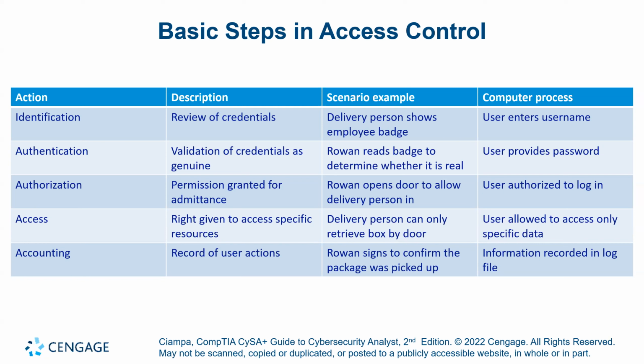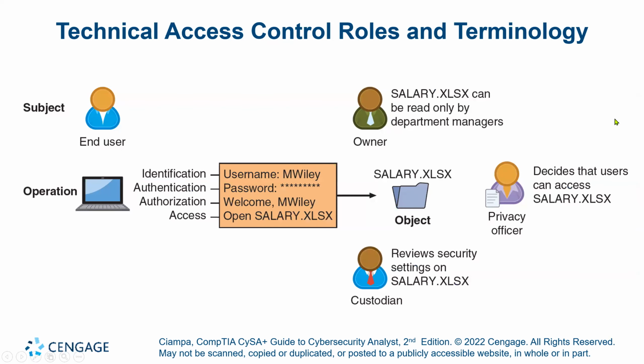Accounting, record of user actions. Rowan signs to confirm the package was picked up. Information recorded in a log file. Technical access control roles and terminology. So you have your subject or end user, operation, and you can see some examples here: identification, authentication, authorization, access, owner, and there's this document can be read only by department managers.